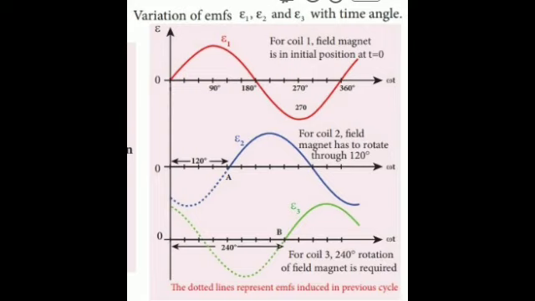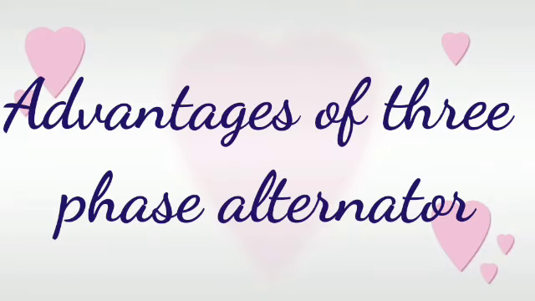Therefore, the phase difference between epsilon 1 and epsilon 2 is 120 degree. Similarly, EMF epsilon 3 in coil 3 would begin its cycle at point B after 240 degree rotation of field magnet from initial position. Thus, the EMFs produced in the three-phase AC generator have 120 degree phase difference between one another.